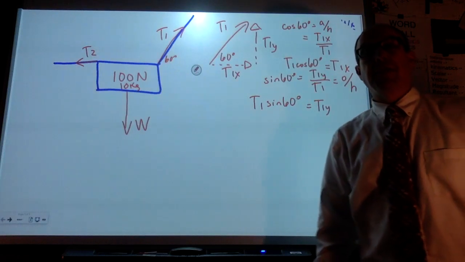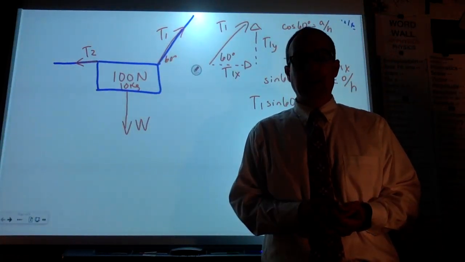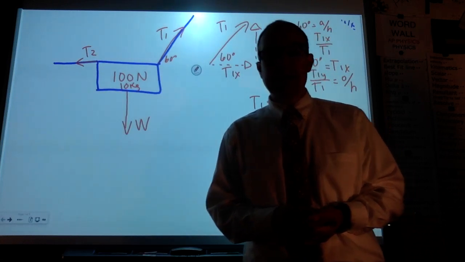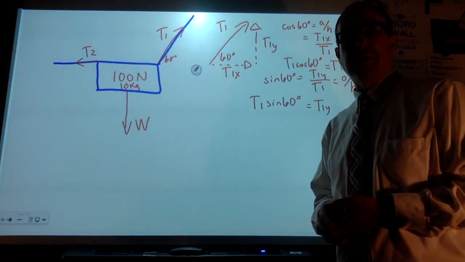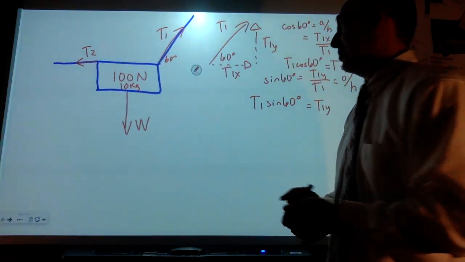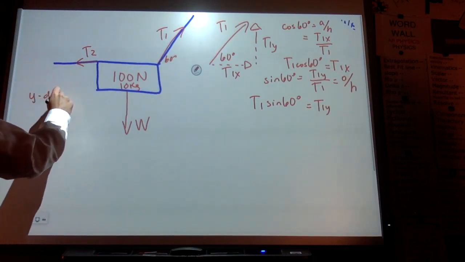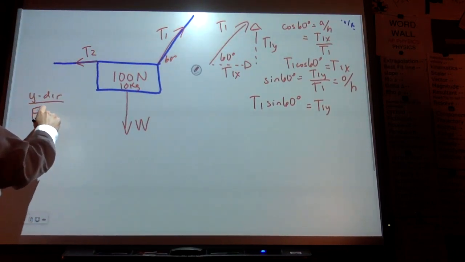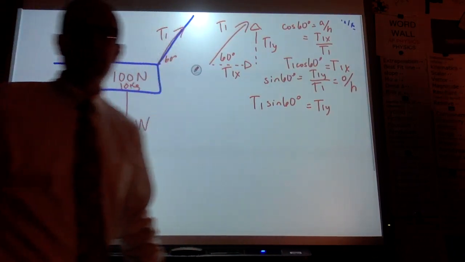Now you need to ask yourself, do I know anything about the x and y direction besides that they're in equilibrium? And the one thing that we know is weight. So I'm going to look at the y direction first because I have some information in that direction. In the y direction, Fnet is equal to 0. It's in equilibrium. These forces are balanced.